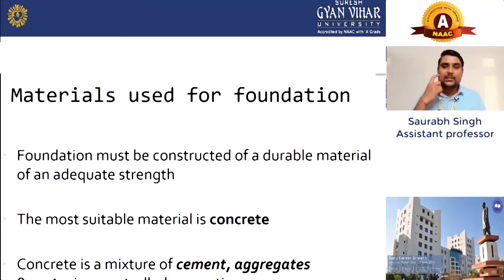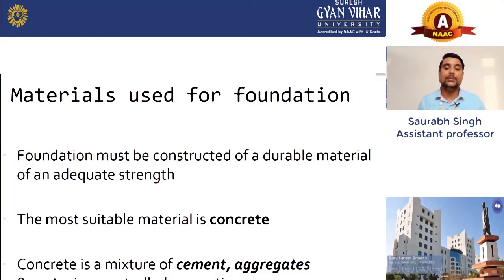If you are making 1:2:3, meaning 1 part cement, 2 parts sand and 3 parts aggregate, then it will be concrete. If you use 3 parts cement, 10 parts aggregate and 20 parts sand, the quality of concrete will not be good, it will be very bad concrete.